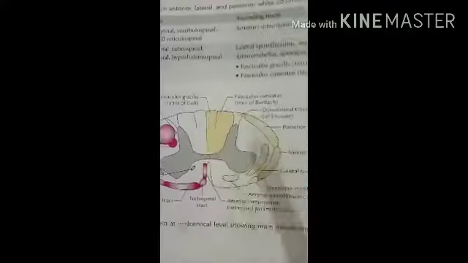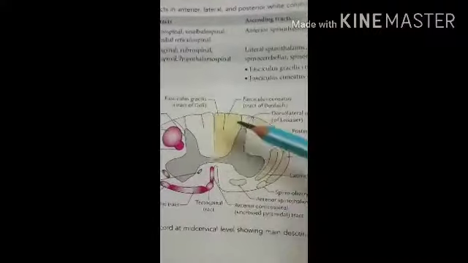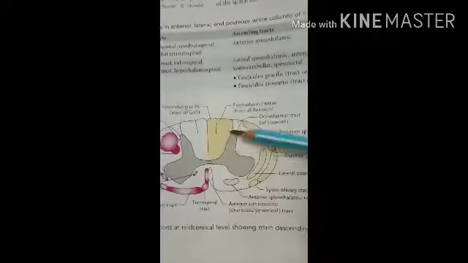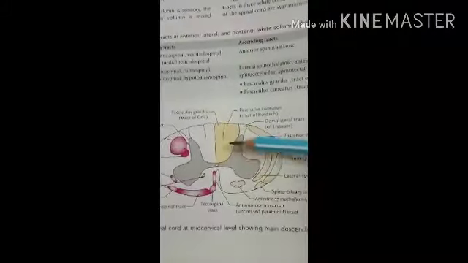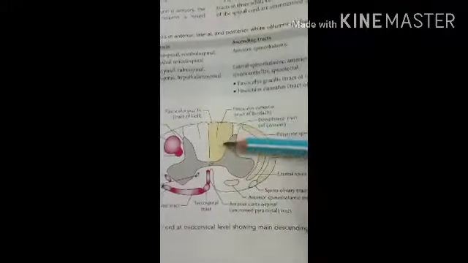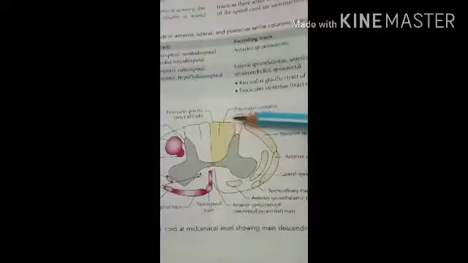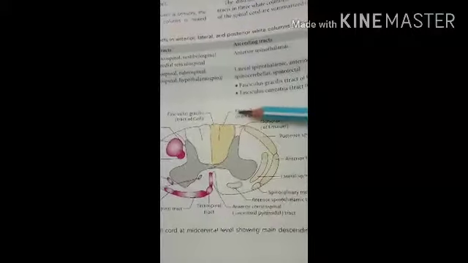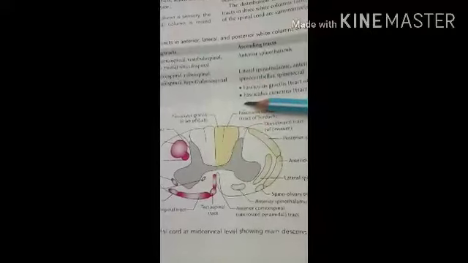After that we have to see the fasciculus cuneatus. It is called the tract of Burdach. It commences in the mid thoracic region, that is the upper thoracic and the cervical, and derives its fibers from the upper thoracic and the cervical segments beginning from the dorsal root ganglion cells, and terminates and relays in the nucleus cuneatus.